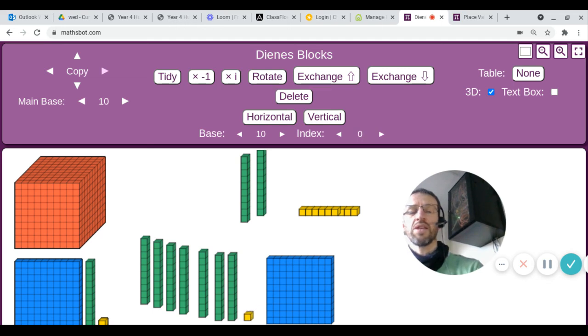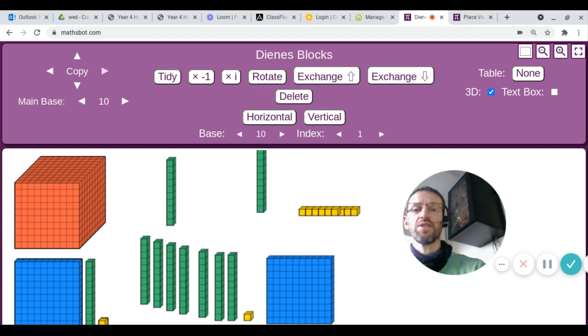So 7/10 and 1/100th added to my 2/10 and these hundredths here should give me a whole 100, a complete one.